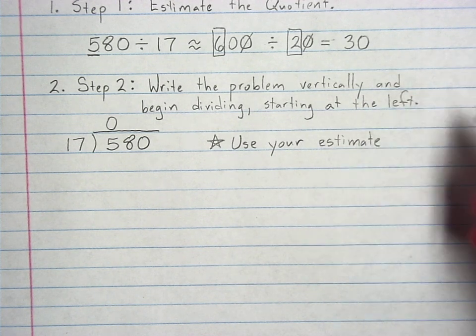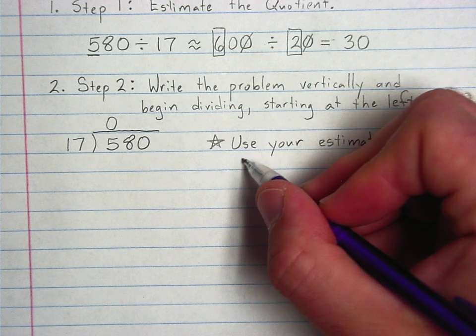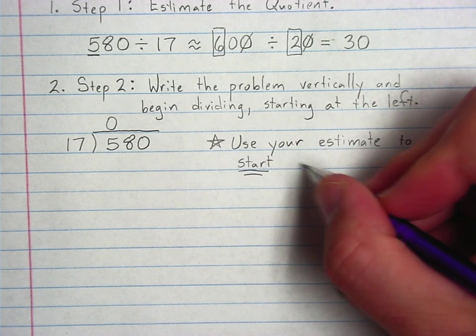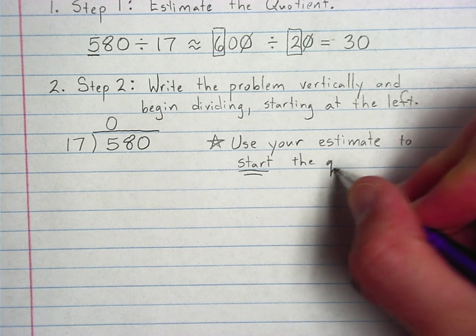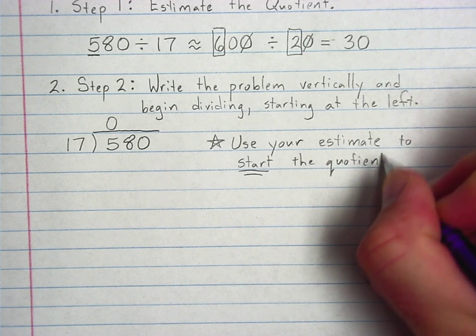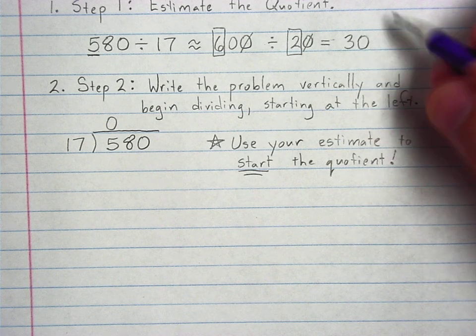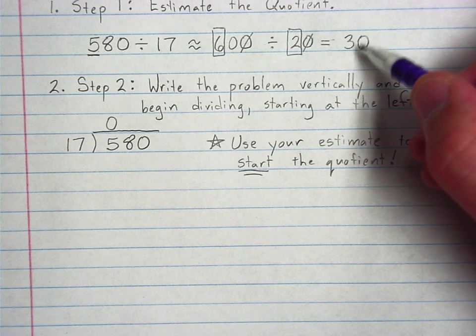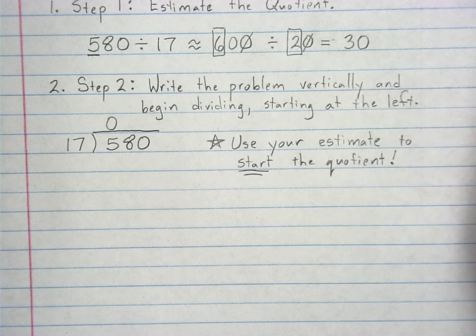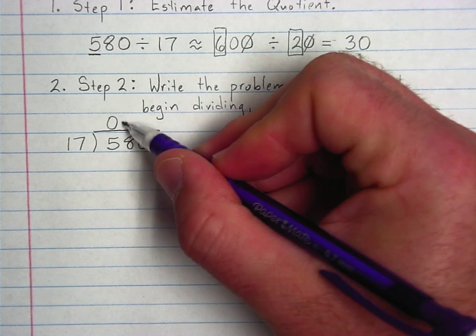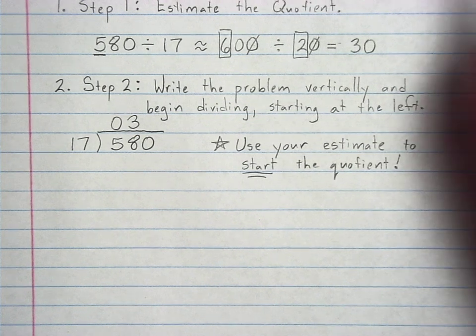So use your estimate to start the quotient. Now, this says 30. We had 30 up here. 30 is going to be not right. So I'm going to look at the first digit, 3, and that's what I'll plug in here.